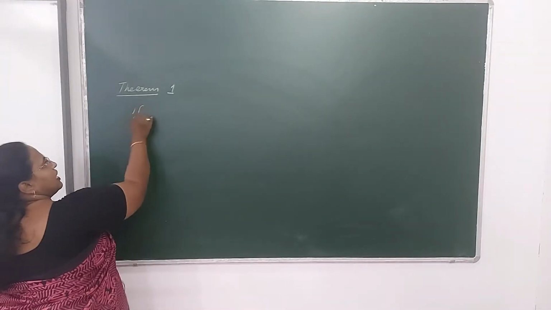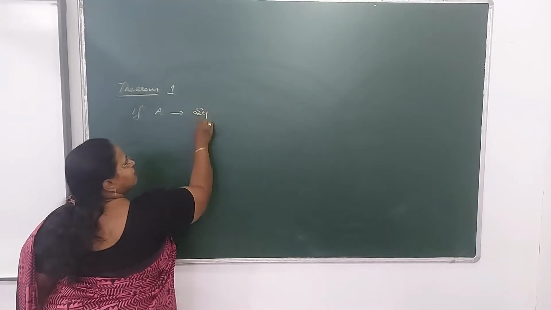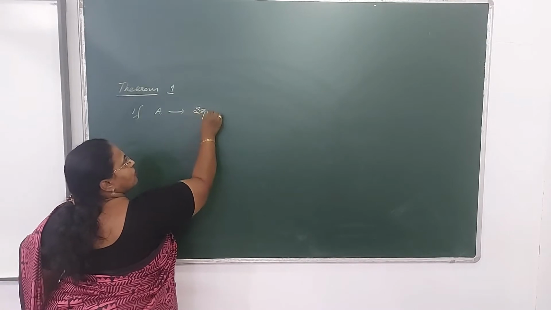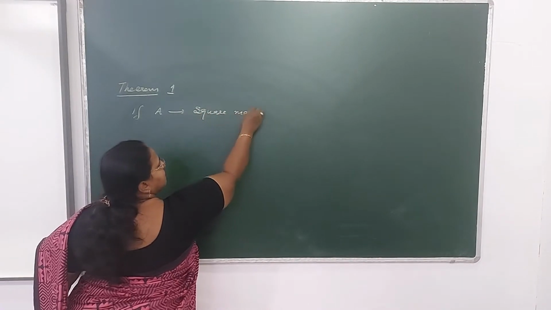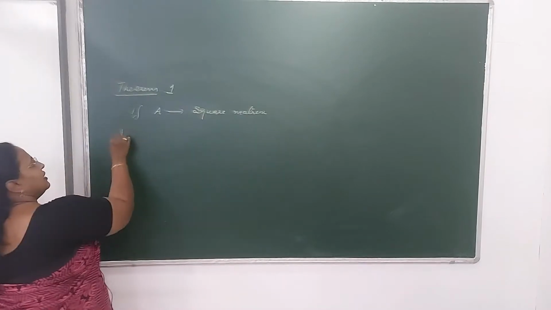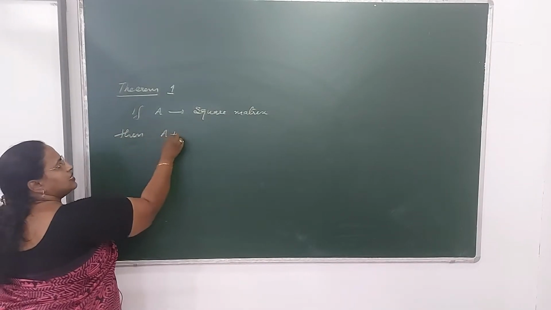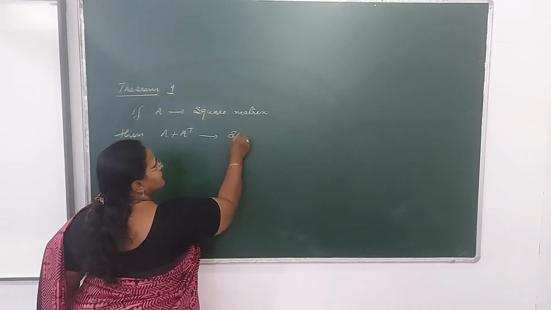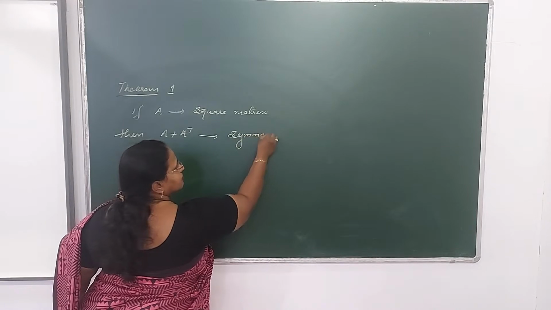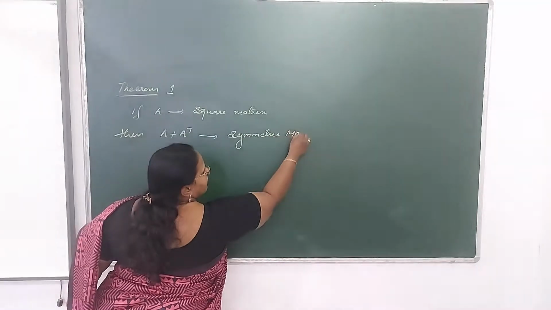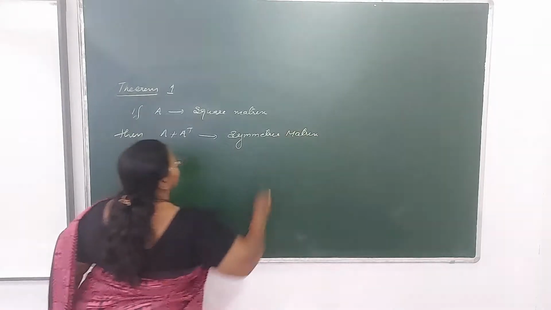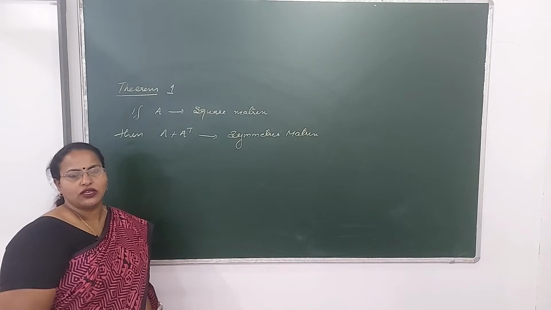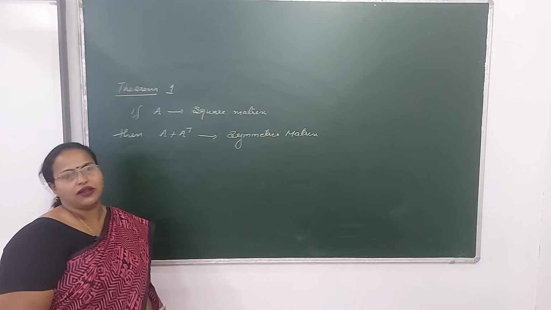If A is a square matrix of any order, then A plus A transpose will be always a symmetric matrix.